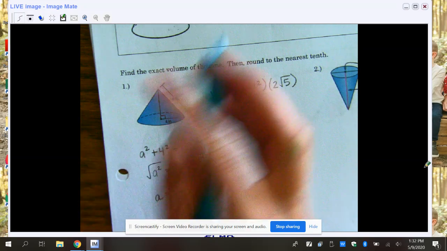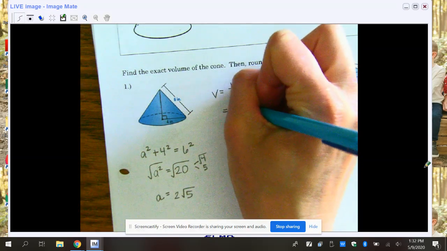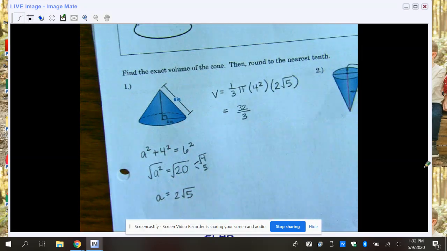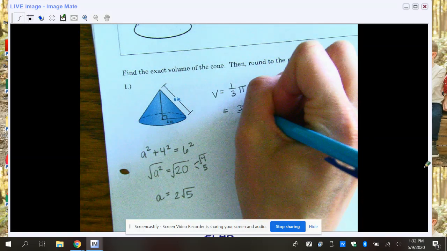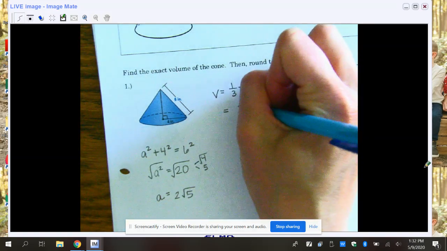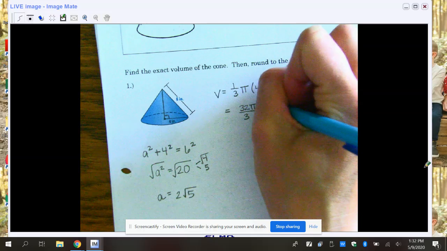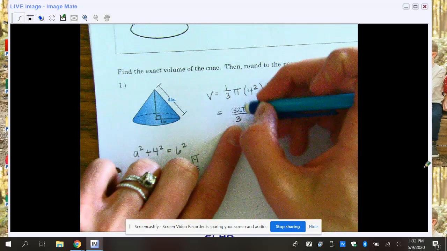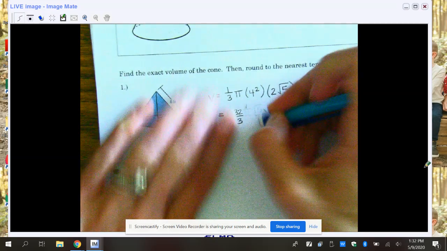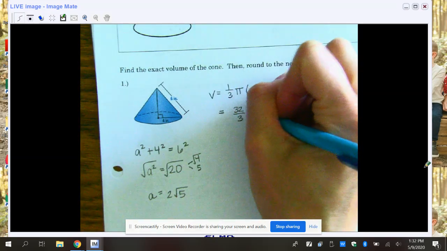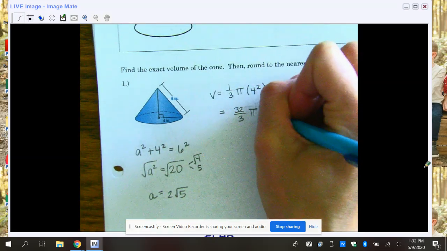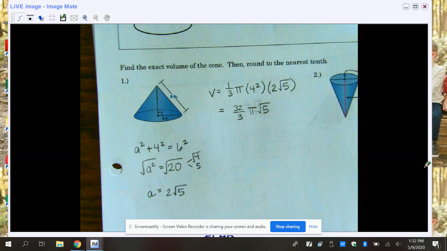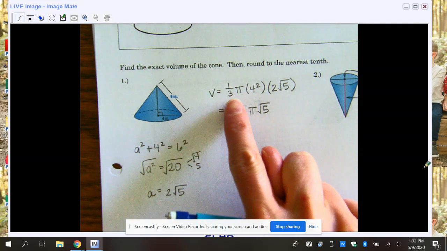So 16 times 2 is 32 over 3. And then the pi and the radical 5 can either go in the numerator or you can write it kind of next to the fraction like that. But that would be our exact answer.